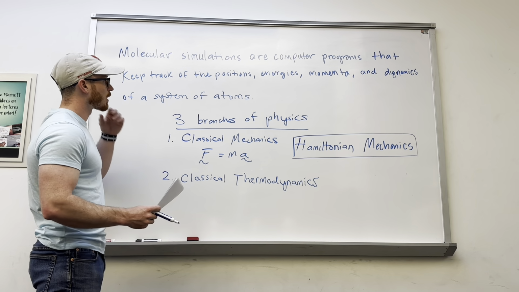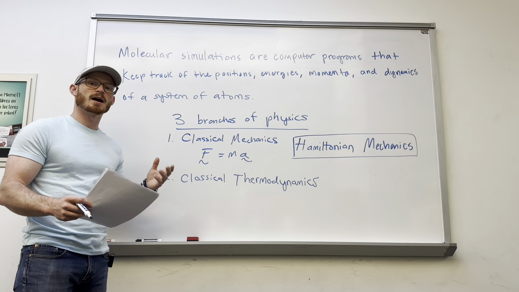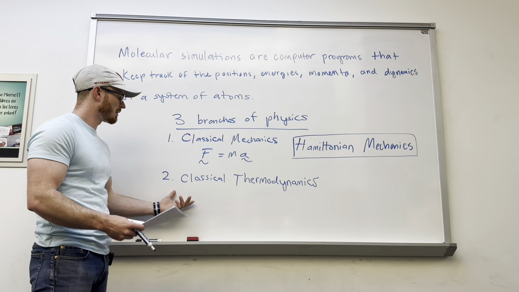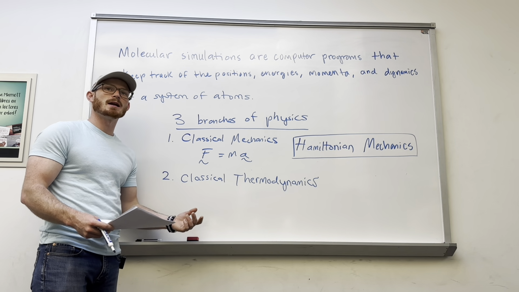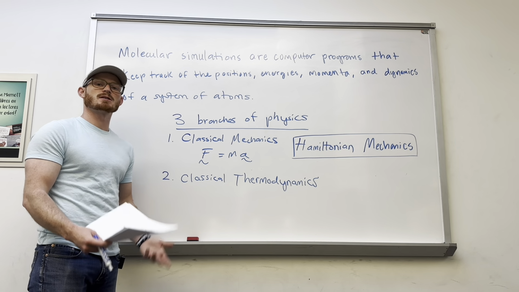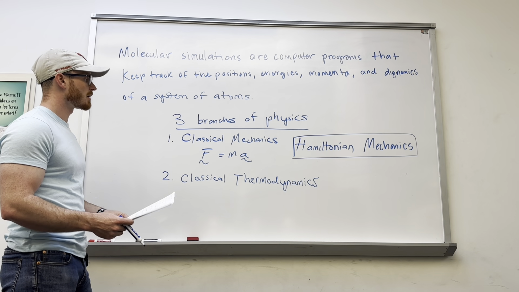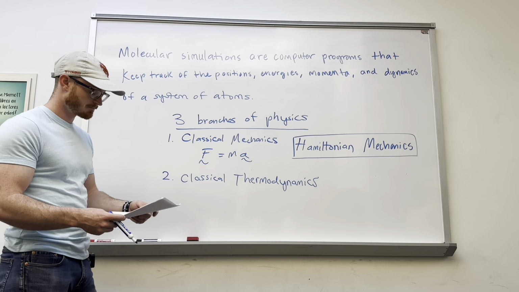For instance, if we are running a molecular simulation and our simulation isn't obeying the rules of classical thermodynamics, then we know that there should be something wrong, at least if we're modeling something like a bulk system. So classical thermodynamics is going to be extremely important to have a good intuition for and a good understanding of when we're approaching these molecular simulation models.